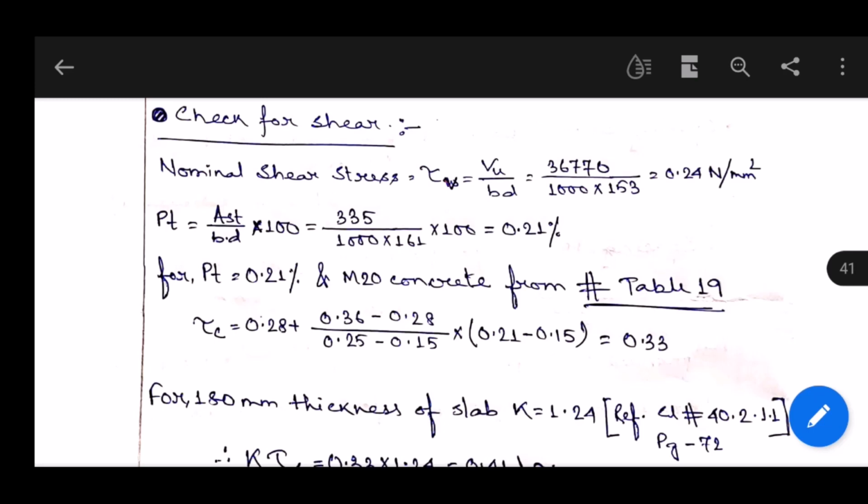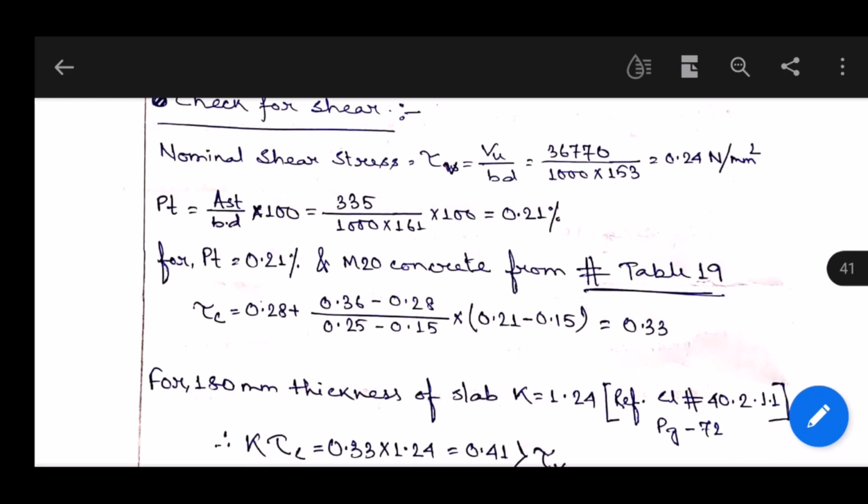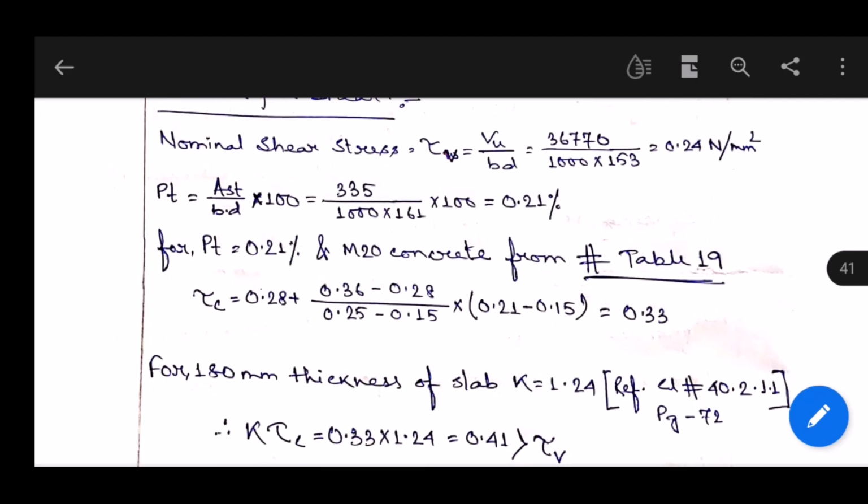Now for 180 mm thickness of slab, the value of K coefficient is 1.24, which you can find out from clause number 40.2.1.1 of IS 456-2000, page number 72. I have already shown that page in the last video for one-way slab.